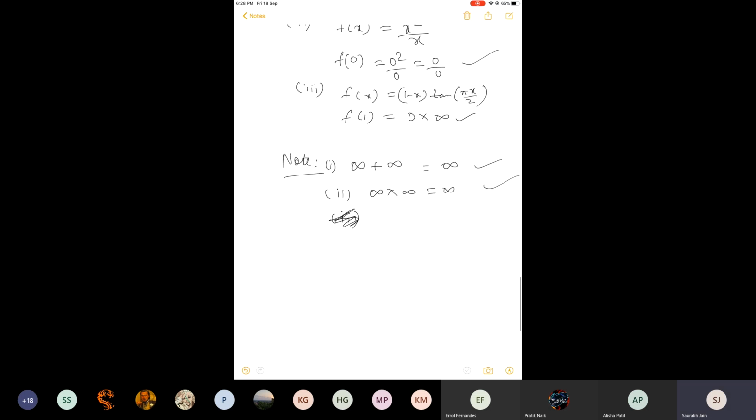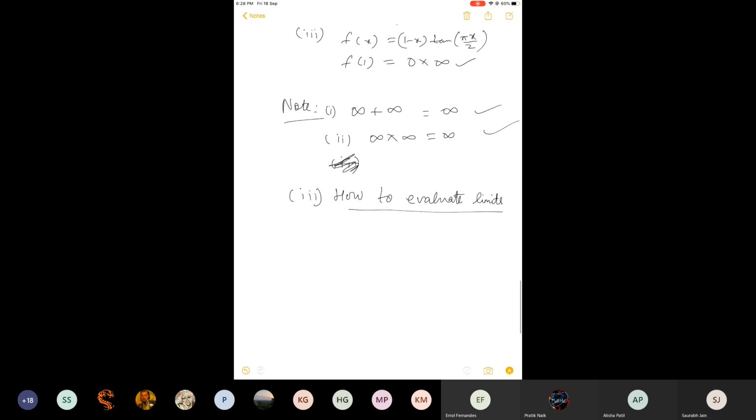Thirdly, how to evaluate limits. This chapter is basically all about different methods of evaluating limits. Now there will be so many. One is the fundamental method, that is actually the definition, the LHL, RHL method.